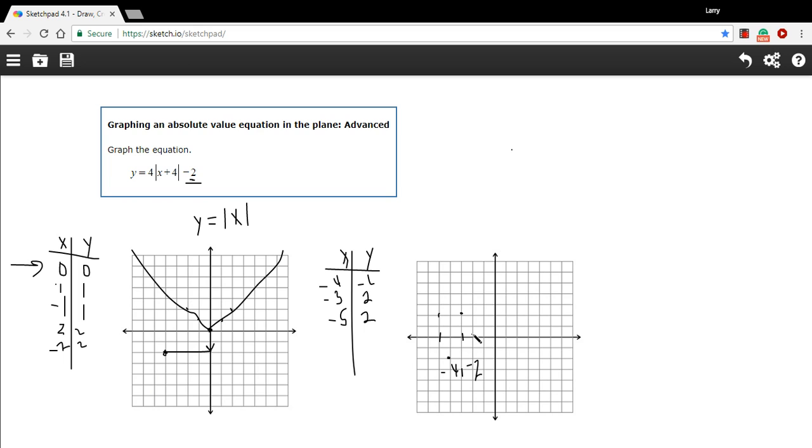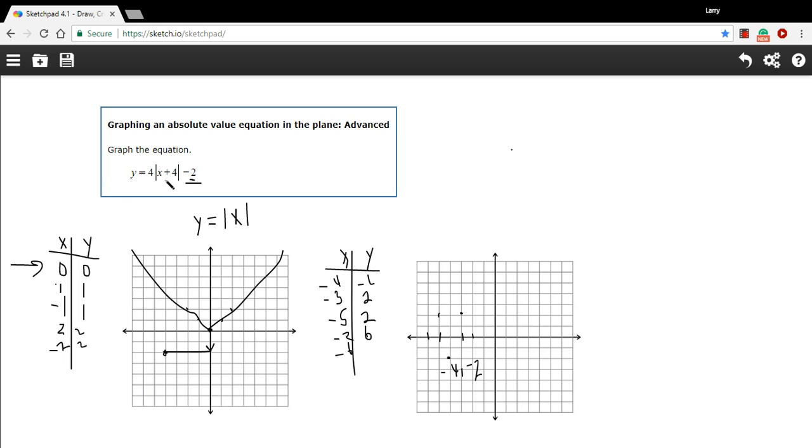And let's go one more point on either side. So that would be a -2 for x or a -6 for x. These should also have the same y values. So -2 plus 4 is 2, times 4 is 8, minus 2 is 6. And -6 plus 4 is -2.